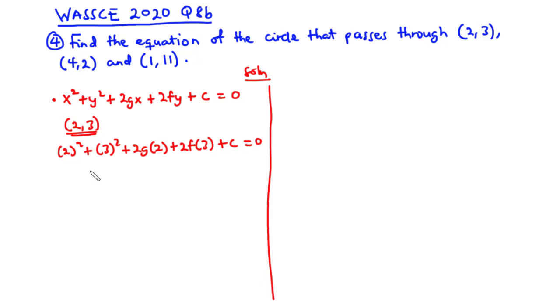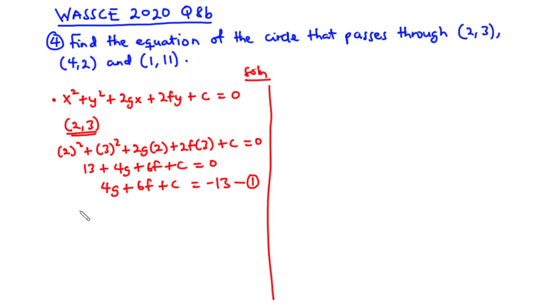So 4 plus 9 is 13. So this is 13 plus 4g plus 6f plus c equals 0. Now let's transpose 13 to the right hand side. So this becomes 4g plus 6f plus c equals negative 13. Let's call this equation 1.